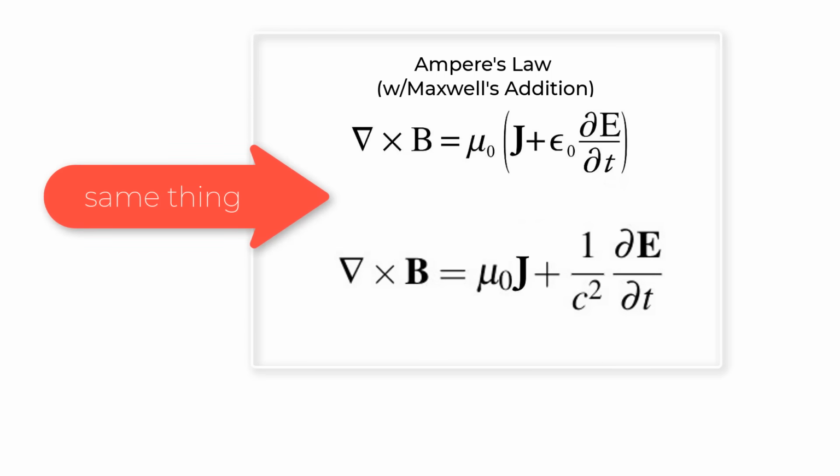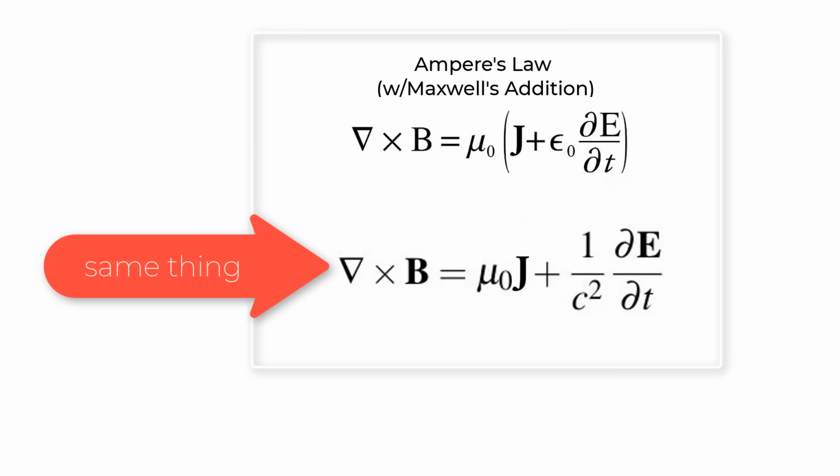Which is why in free space, Ampere's equation with Maxwell's addition is sometimes written as curl of B is mu naught J plus 1 over c squared dE/dt, where c is the speed of light.